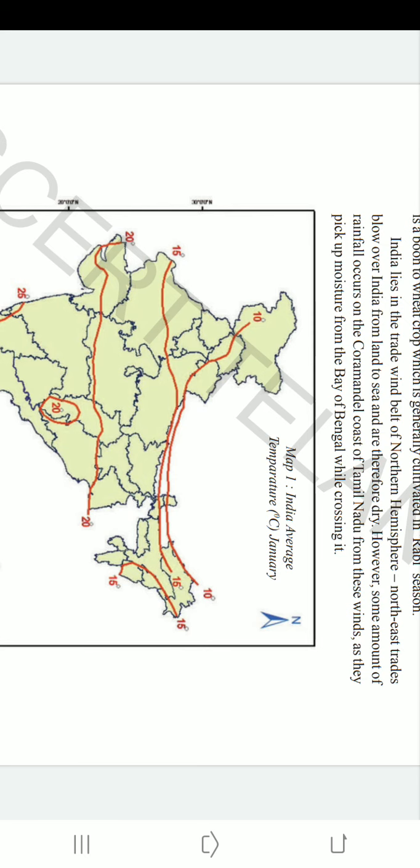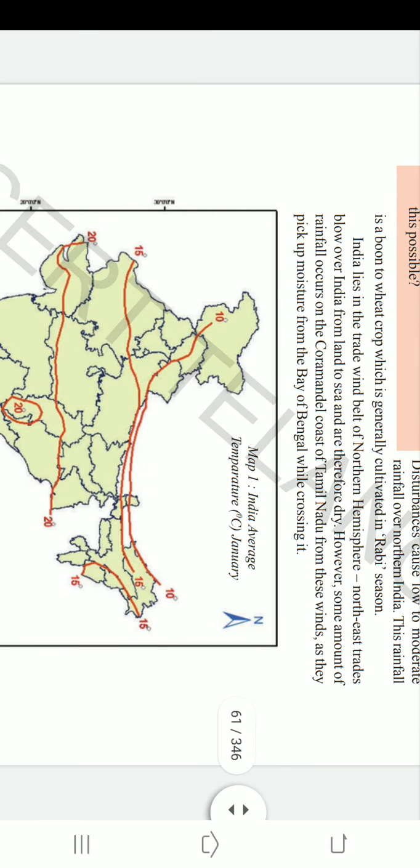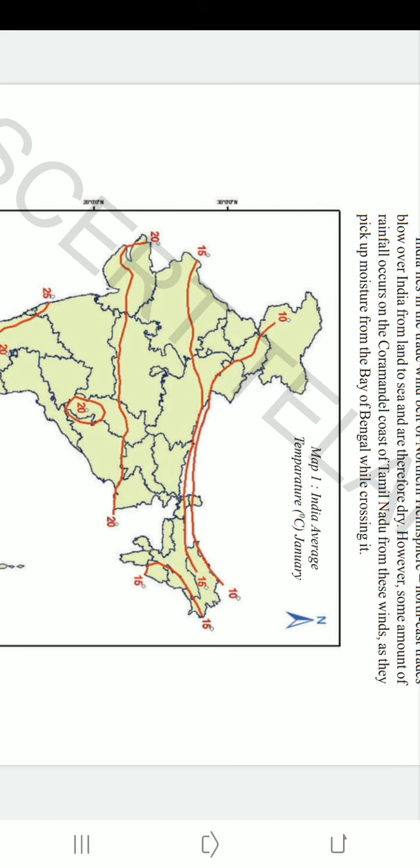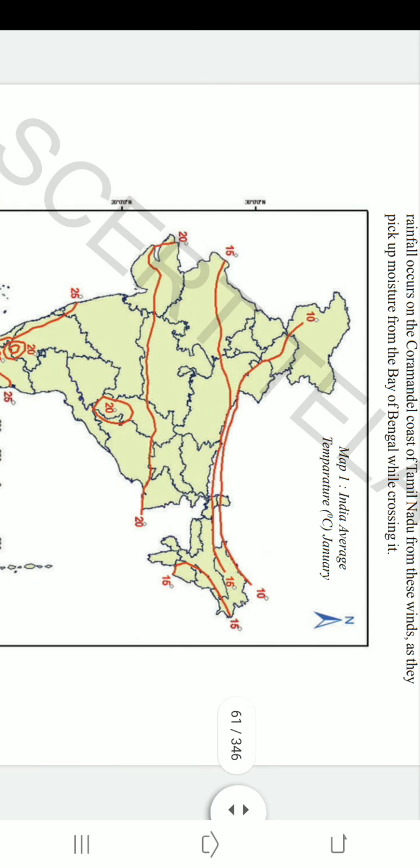Understand? During the winter season, the sky appears very clear with low humidity, and cyclonic depressions form in the Mediterranean Sea, which is called a western disturbance.